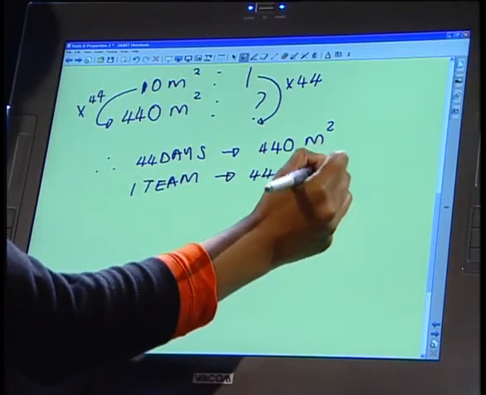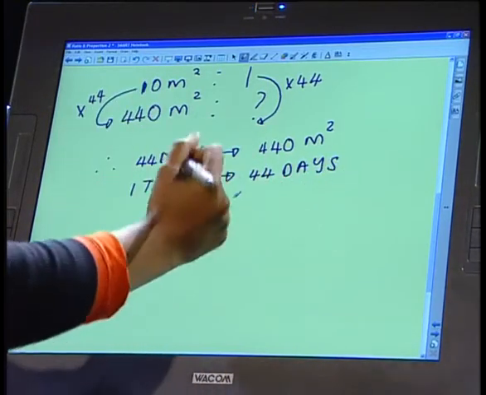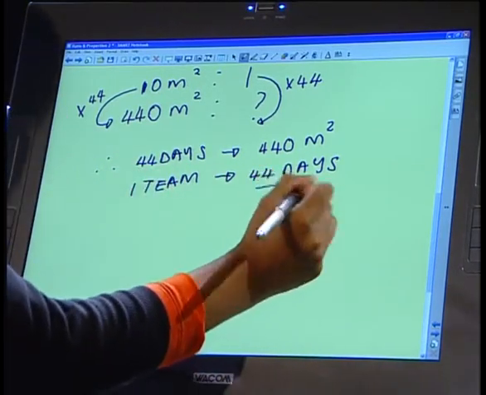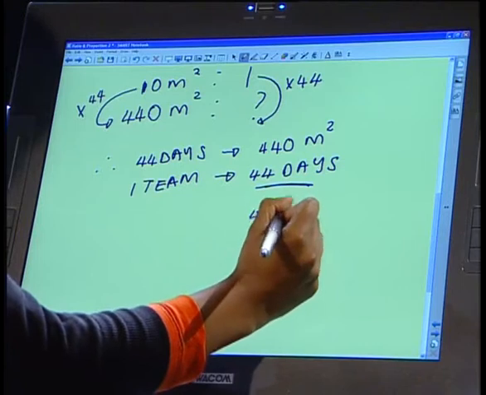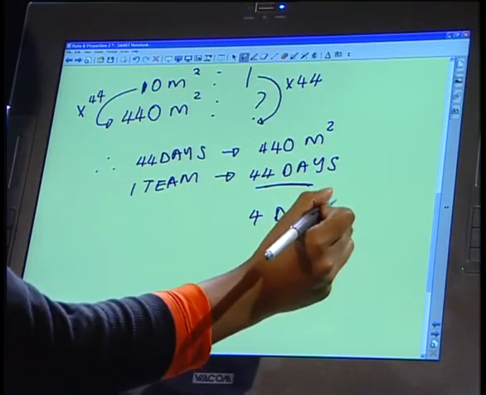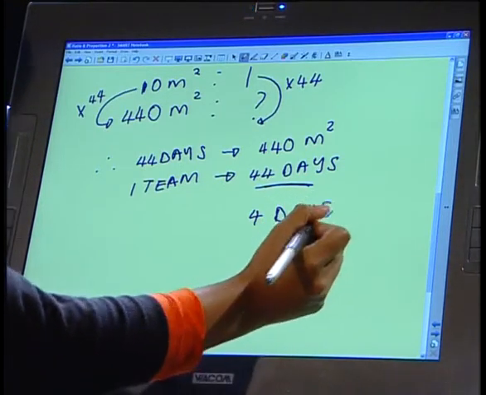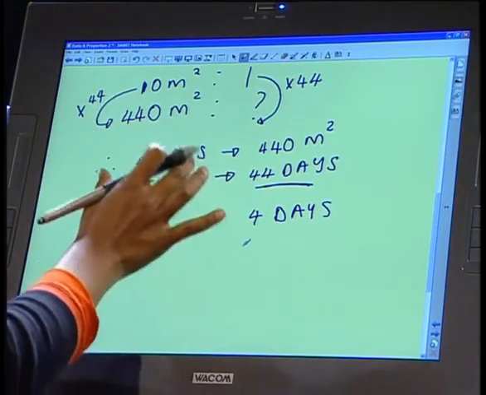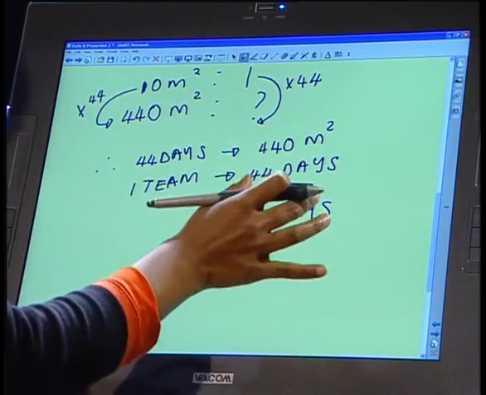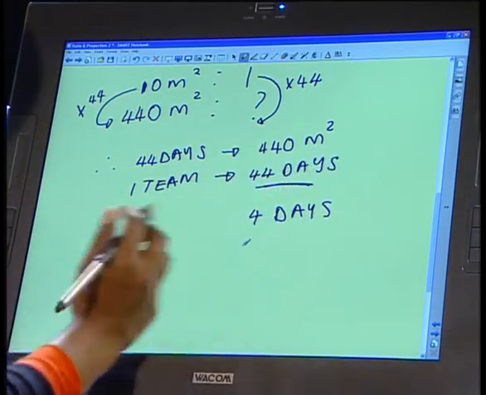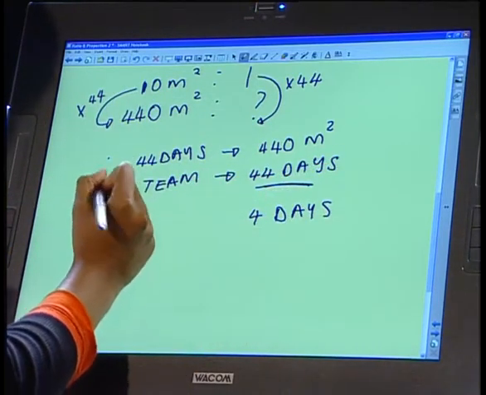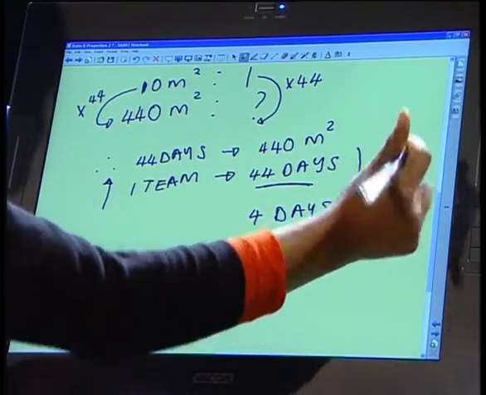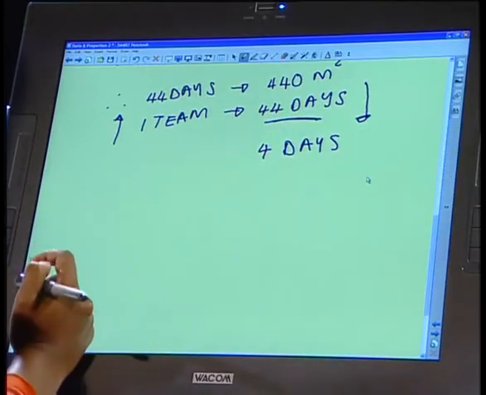All right, but we want to know now, how many teams am I going to need if I want this job done in 4 days? All right, and now this is the inversely proportional part, because the more teams we have, obviously, the quicker the job is going to get done. So as my number of teams go up, the number of days is going to go down by the same factor.